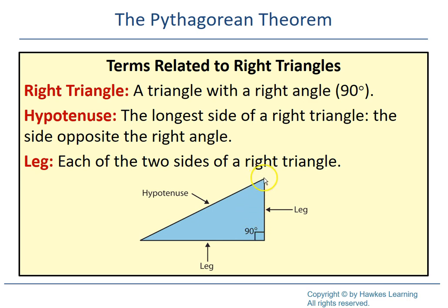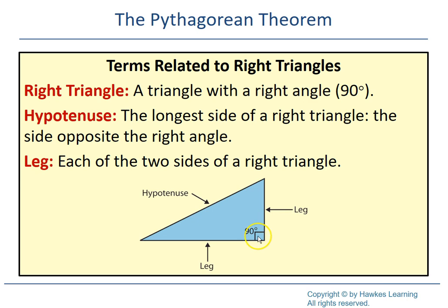And then usually, but not always, there's a short side, which we call a leg, and then a long side, which we call another leg, that is adjacent, that is next to, the right angle.